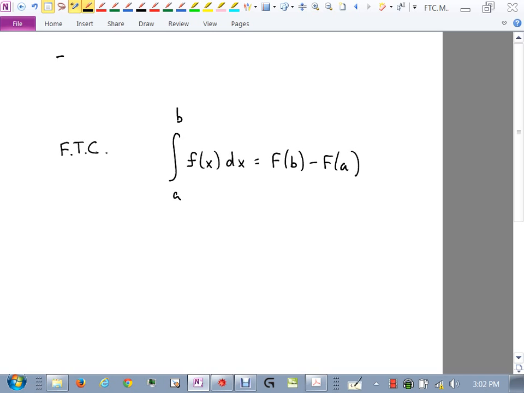There's also a fundamental theorem of algebra. Does anybody know the fundamental theorem of algebra? No?